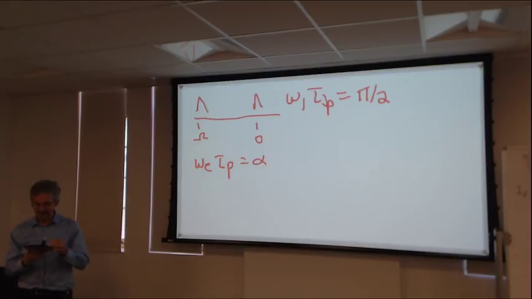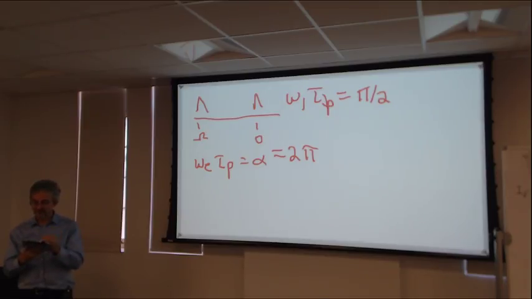So alpha has to be equal to 2 pi. Then the question becomes, given that we know capital omega, the offset, how do we determine what omega 1 needs to be?